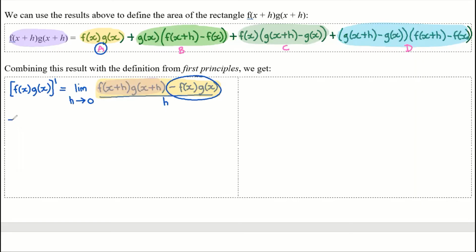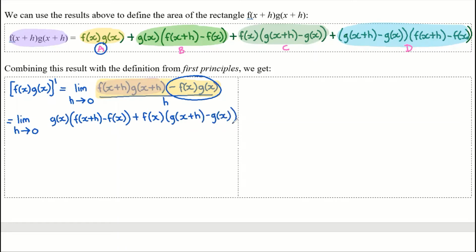So this is going to equal the limit as h approaches 0 of g of x multiplied by f of x plus h subtract f of x. Okay, bear with me with this. Plus f of x multiplied by g of x plus h subtract g of x.